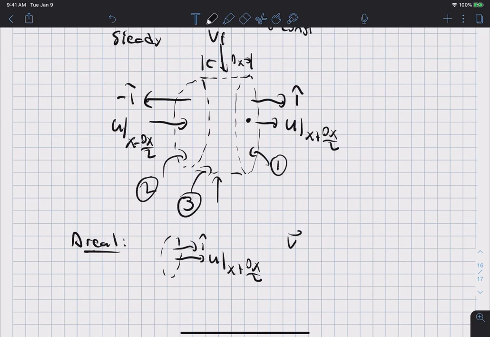And then v dot n hat equals u at x plus delta x over 2, because the velocity vector is u i hat at x plus delta x over 2, and n hat is i hat. So we can take the dot product of the velocity vector and i hat, and you get u at x plus delta x over 2.